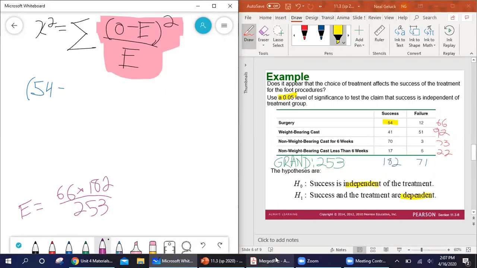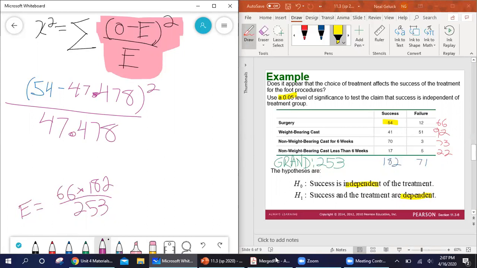If I run those numbers, that gives me an expected of about 47.478. Squared on top. There we go. So again, the highlighted stuff over here, I'm doing that with just this first cell.